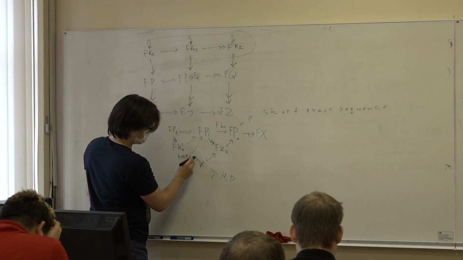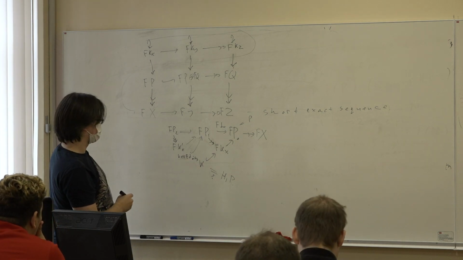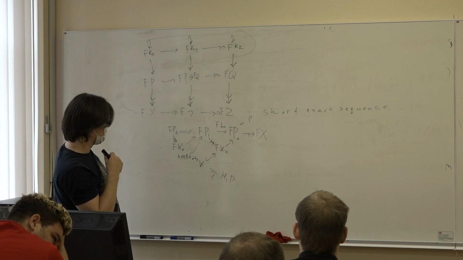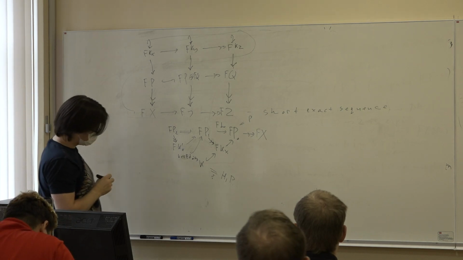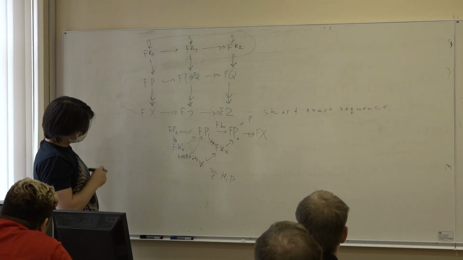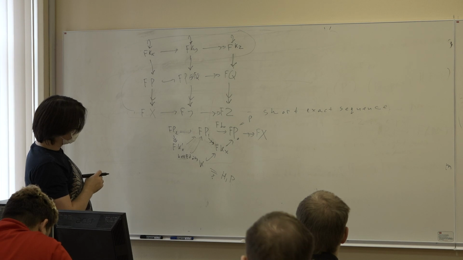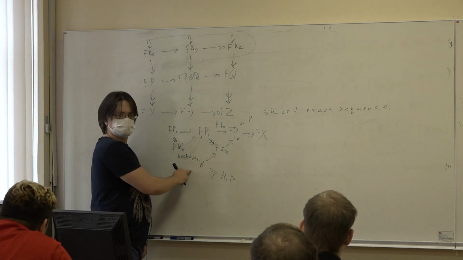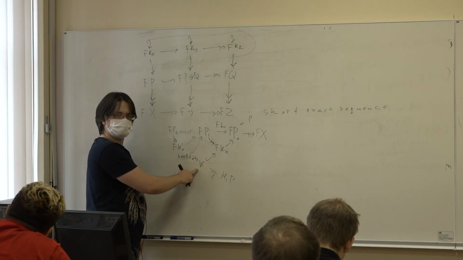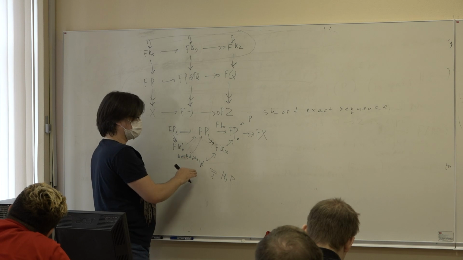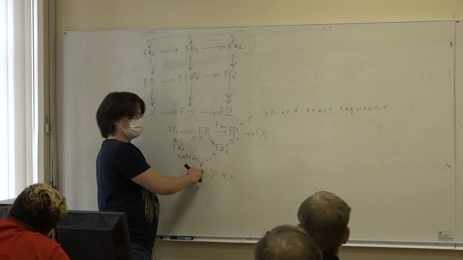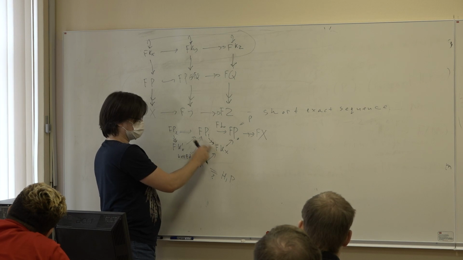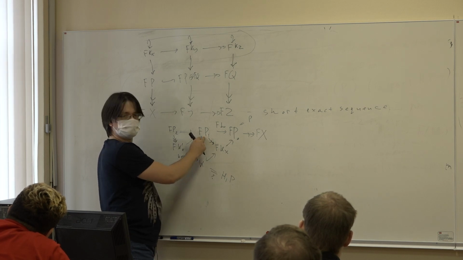And this map is happy. Why? Probably there is a better explanation, but if you take an element here, you go here, and since here is an epimorphism, you get some pre-image here.